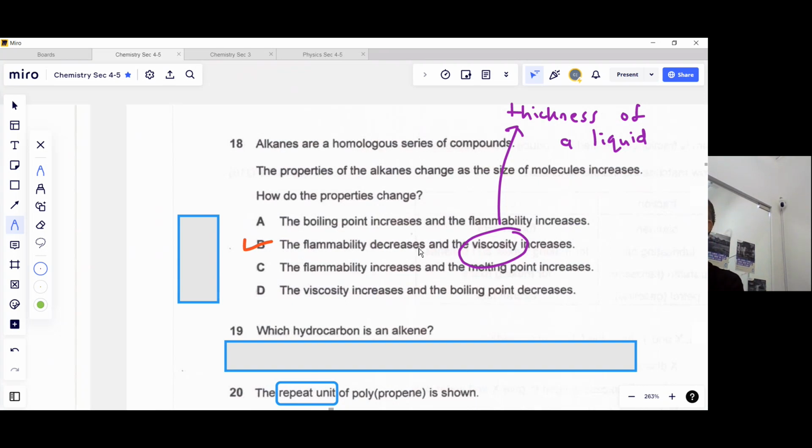Thickness of a liquid, can it flow well or not? The thicker it is, like honey, the higher the viscosity. It cannot flow well at all. So honey is very viscous. Oh yeah, make sure you get your spelling correct. This is the adjective, viscous.